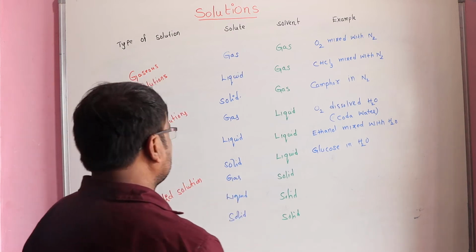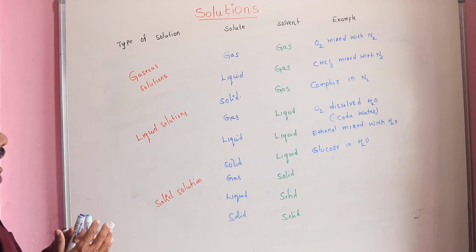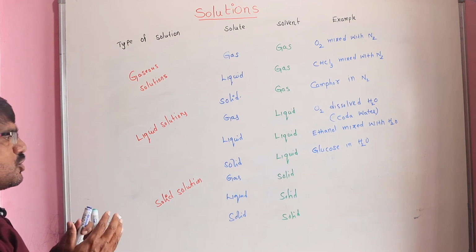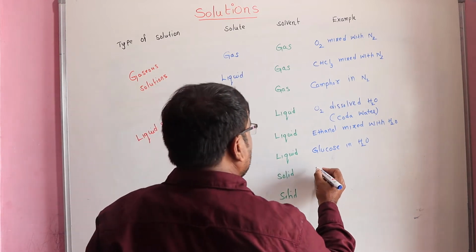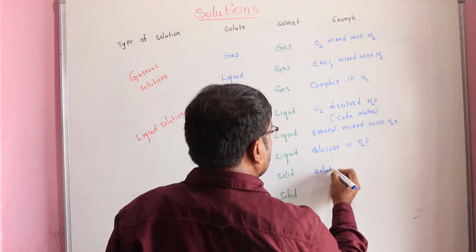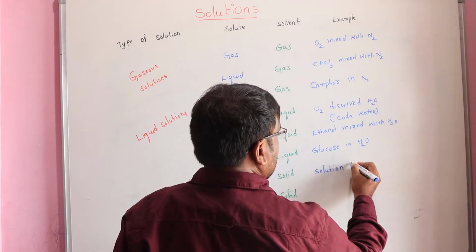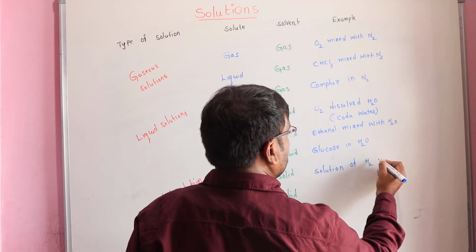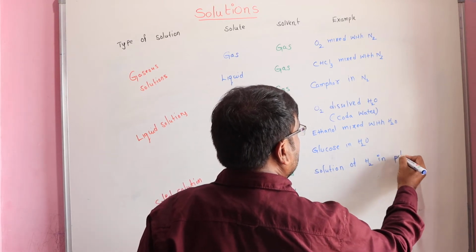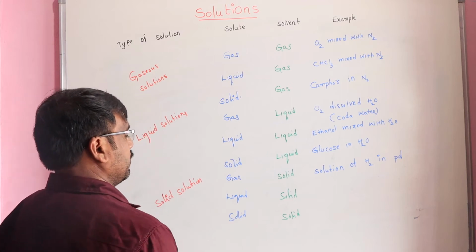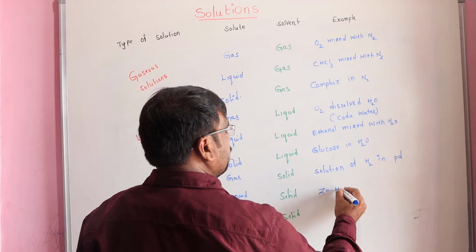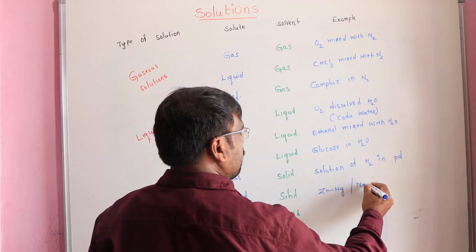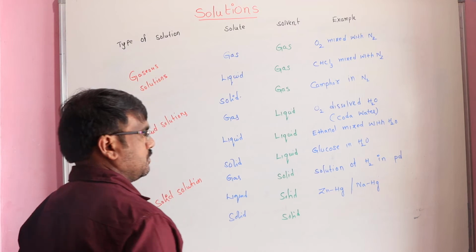Gas in solid, the best example is hydrogen gas adsorption on palladium, or a solution of hydrogen in palladium metal. Liquid in solid, the best examples are zinc amalgam and sodium amalgam.